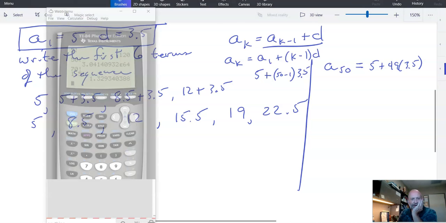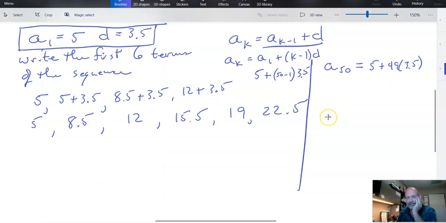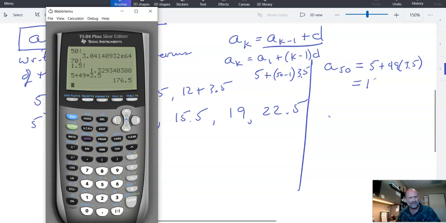Well, we don't need it. We could do it by hand, but plus 49 times 3.5. So I get 167.5. So that means the 50th term is 100. Did I say 67 or 76? 76.